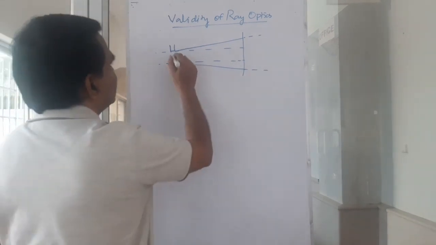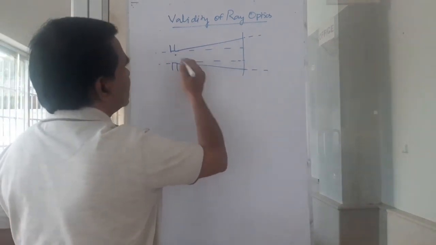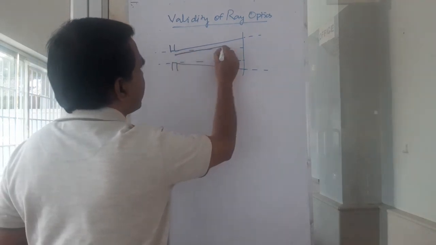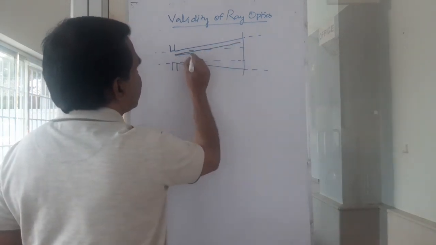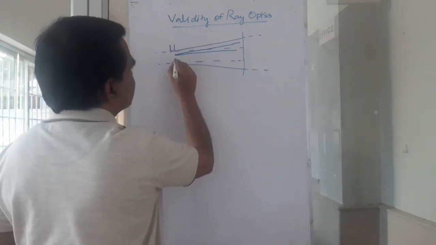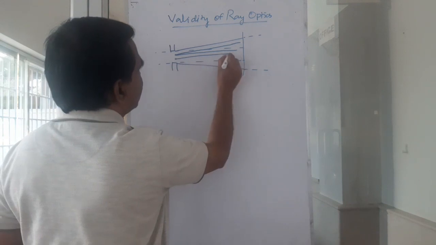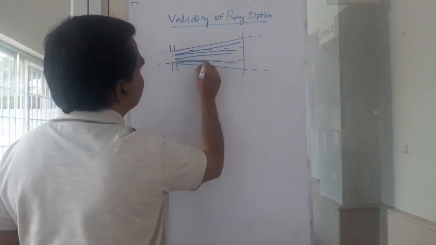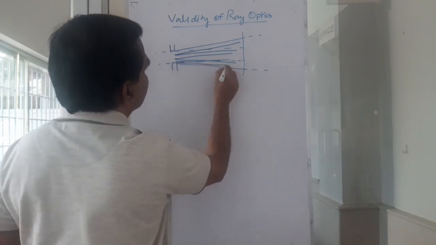But if I take this point, then clearly this will also flare out, right? Flare out like this. And if I take this point, this will also flare out, right? If I take this point, this will flare out like that.